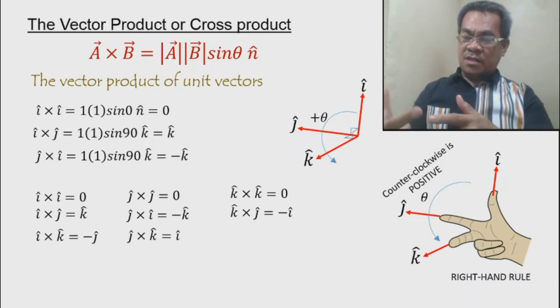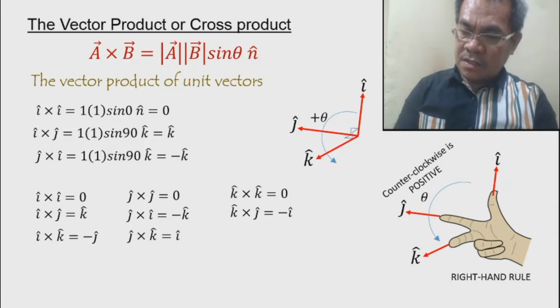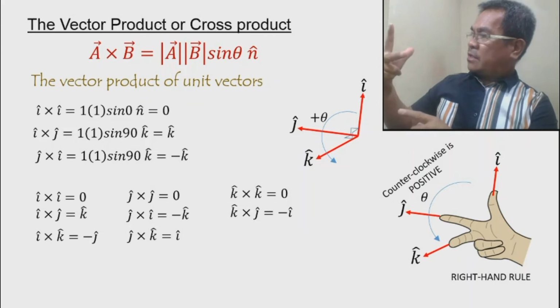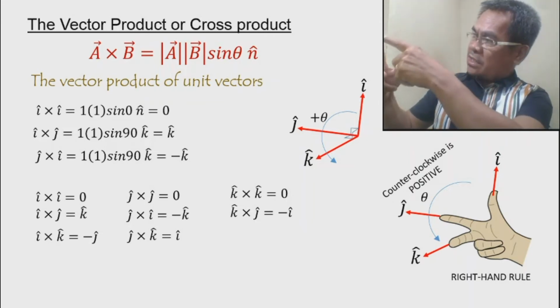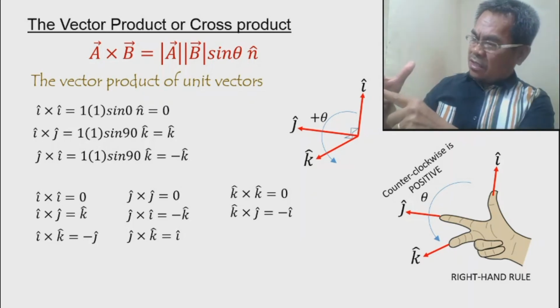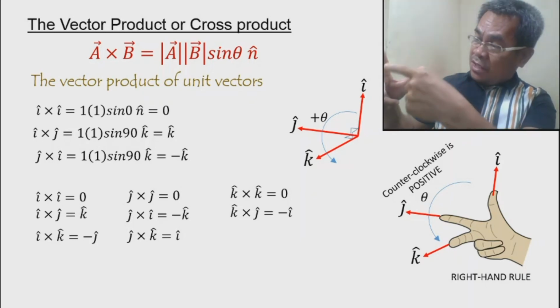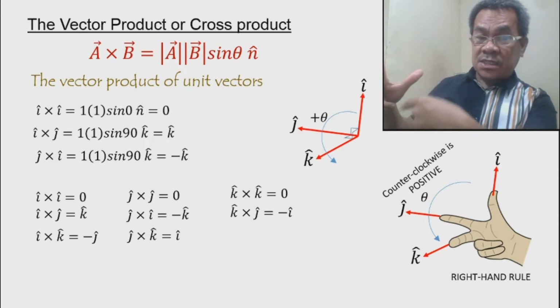But take note, if you rearrange that, look at your right hand rule. You can assign this as X. If this is X or I hat, this must be J, and this must be K, because this should be counterclockwise.